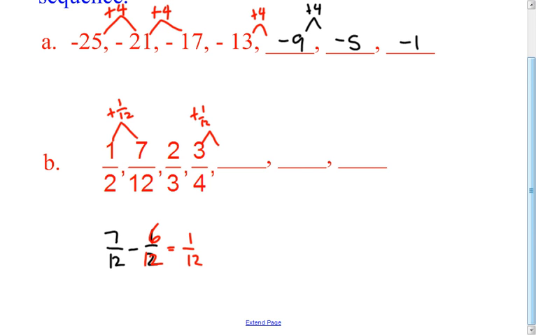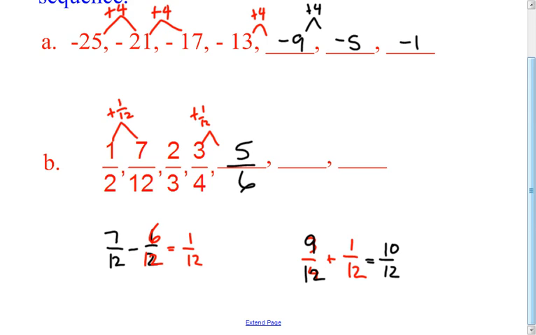Again, if you don't have a graphing calculator, you're going to have to go old school. So 3/4 plus 1/12. I'll get common denominators, so I would multiply each of those by 3, and turn this into 9/12. 9/12 plus 1/12 is 10/12, which we know reduces to 5/6.